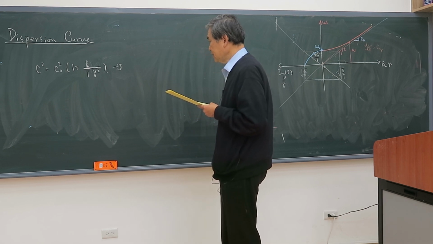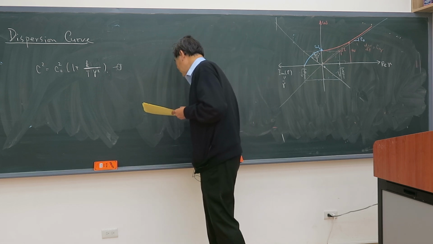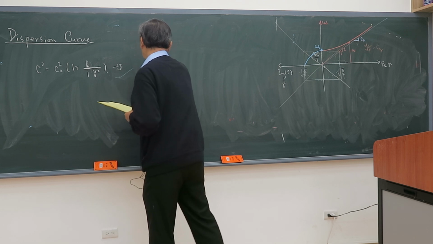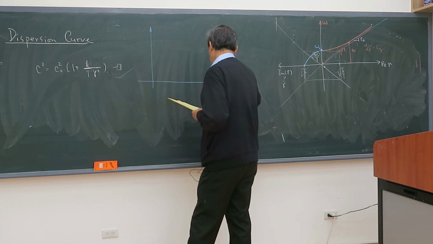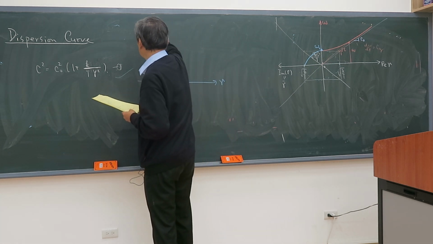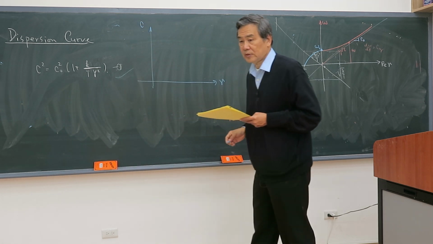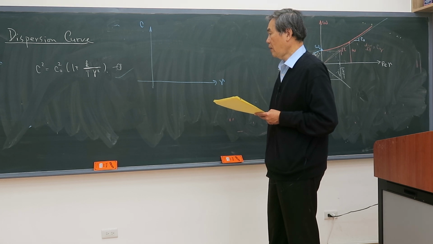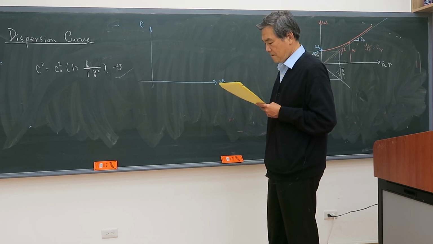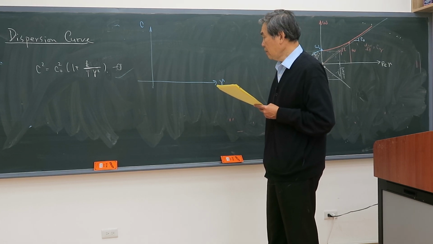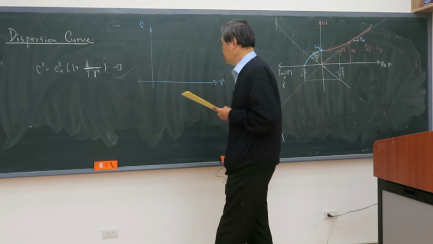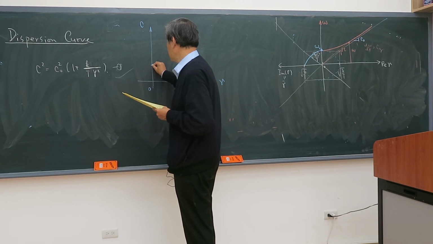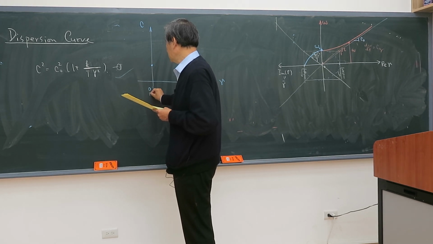So let's see. If we plot this curve, horizontal is wave number gamma, and this is our propagation speed. So you plot the equation. For gamma 0, the wave speed is critical, right?